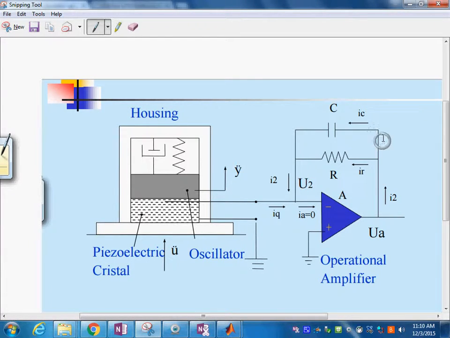We need to measure the voltage over here to be able to relate it to this input, as I mentioned a moment ago. So we could put here a step input and find out what this is, but we are going to take a whole different route right now.